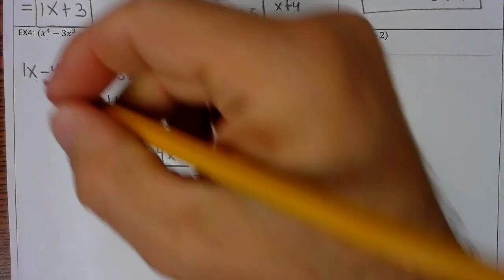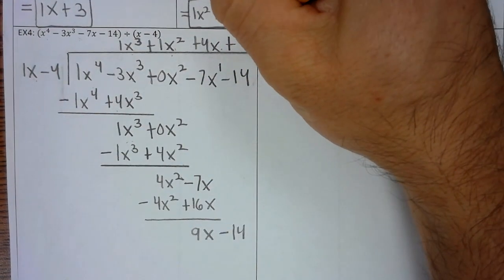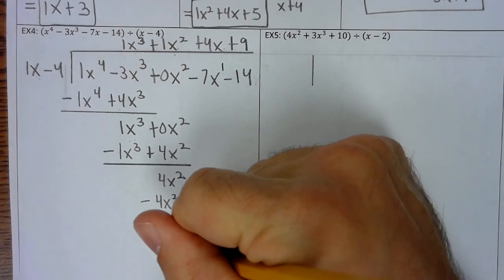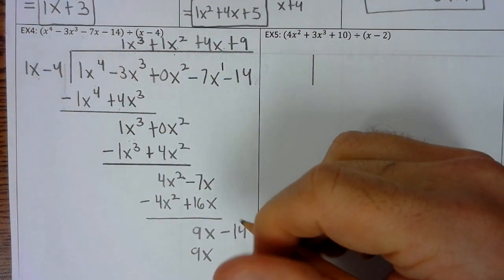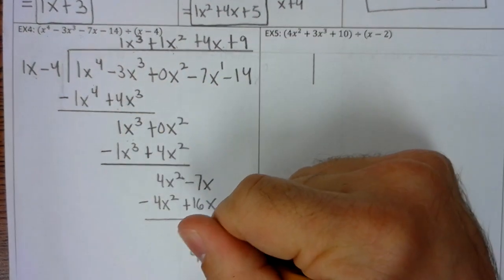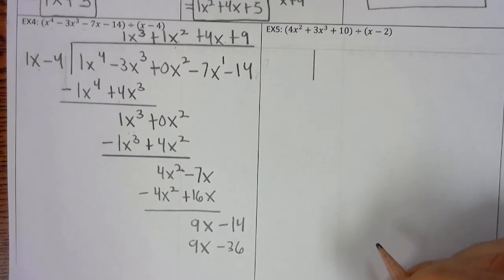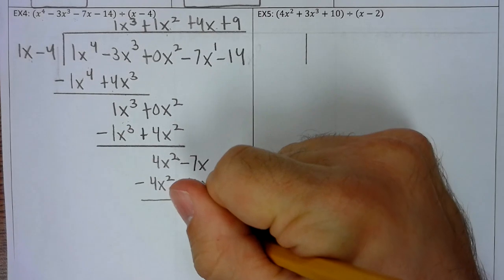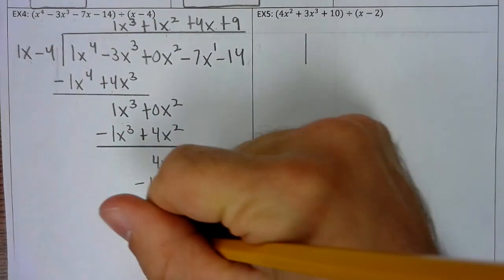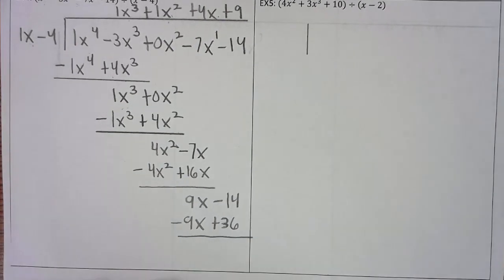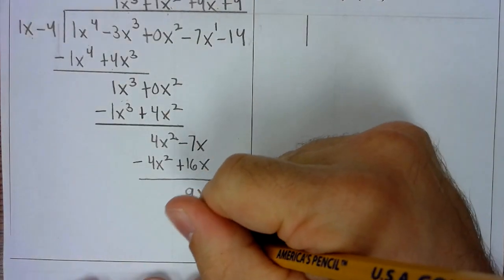And then we repeat. 9x divided by 1x is 9. And then we multiply. 9 times 1x is 9x. 9 times negative 4 is a negative 36. And then we subtract. Subtract the negative becomes positive. Negative 14 plus 36 is 22.